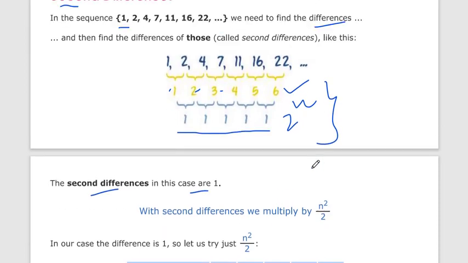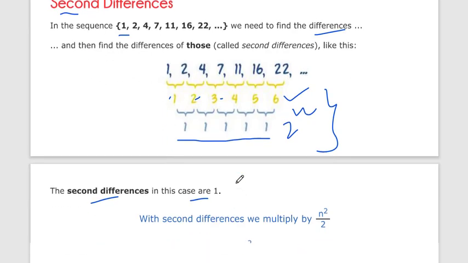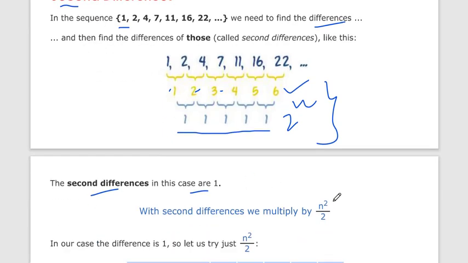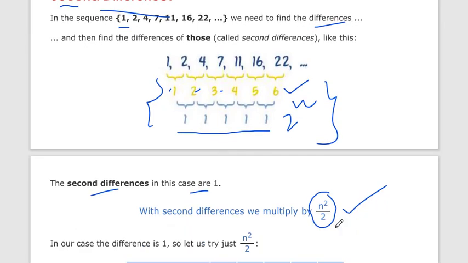For any sequence where you have to do a second difference, first of all you have to start with n square by 2. You have to remember this. You take the second difference and start with that multiple of n square by 2.